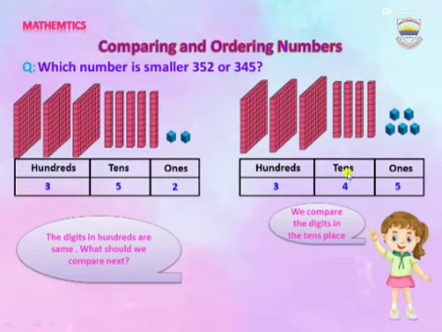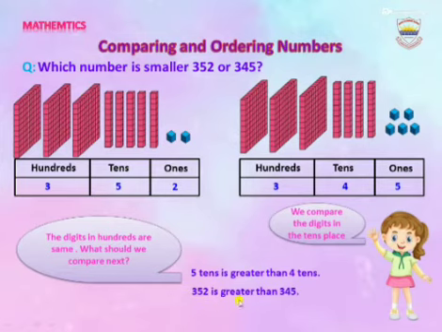As you know, 4 ten is smaller than 5 ten. It means 5 ten is greater than 4 tens. So we can say 352 is greater than 345. We write it as 352 greater than 345.